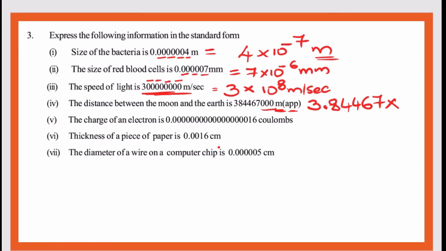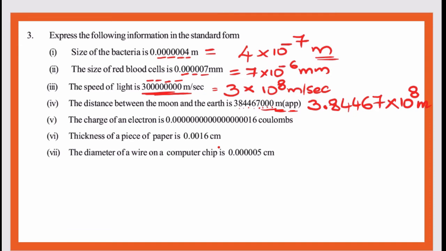Now count the number of digits after the decimal point. 1, 2, 3, 4, 6, 7. So this I can write as 10 power 8. So what are the units given? Those are given as meters.